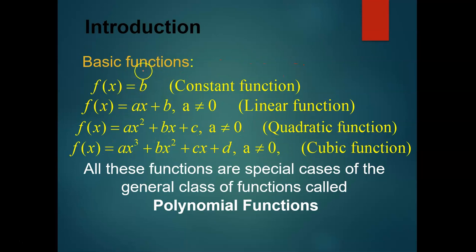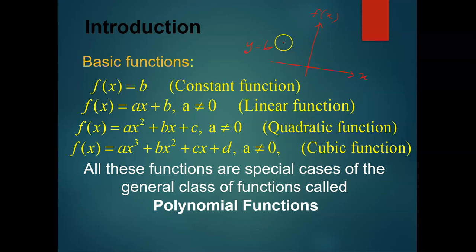For basic introduction, basic function, first you must know what is a constant function. So constant function is defined by f(x) equals b. Usually you know it as y equals b. When you sketch the graph of the basic constant function, this is your x, this is your y, so now it will become f(x).